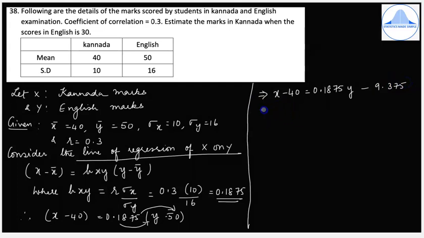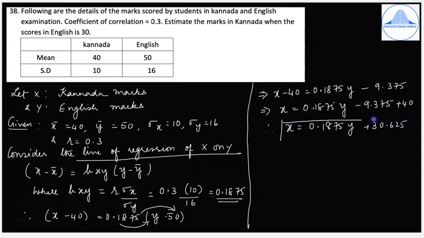So X is equal to 0.1875 Y minus 9.375, and take this 40 to the right hand side, it will become plus 40, and therefore you will get X is equal to 0.1875 Y plus 30.625. So this is the final line of regression of X on Y.